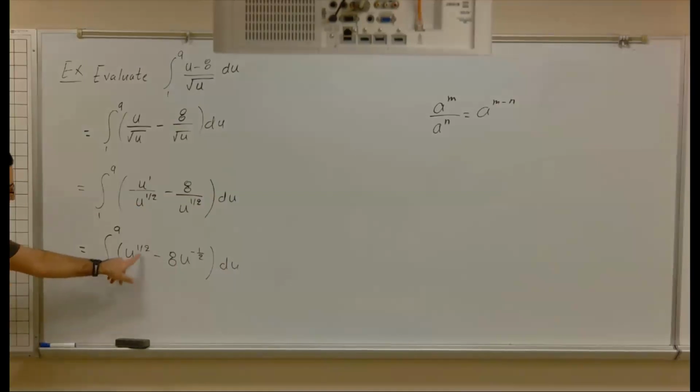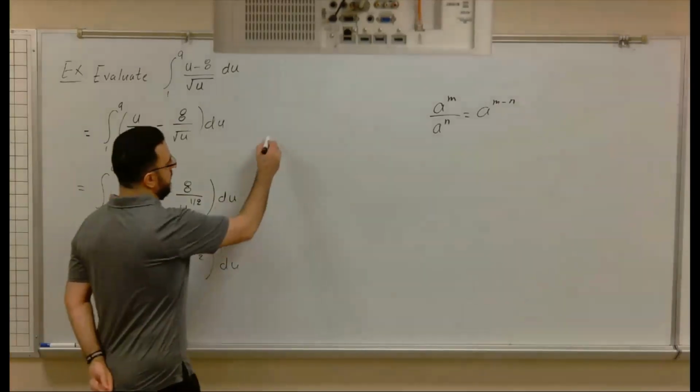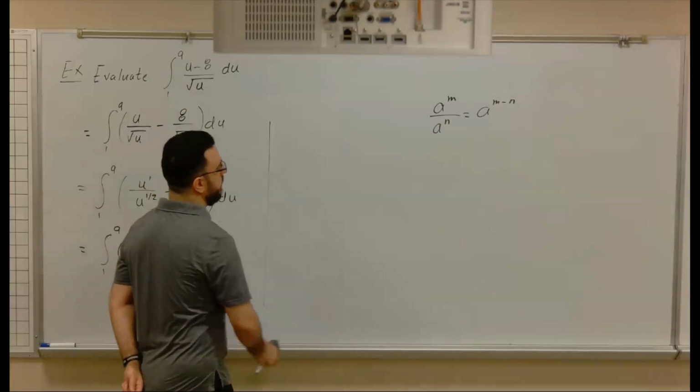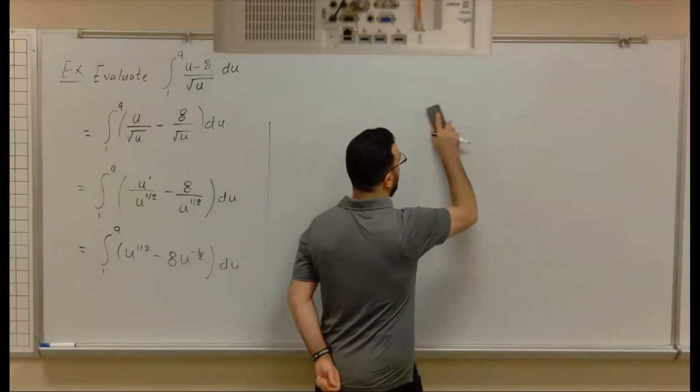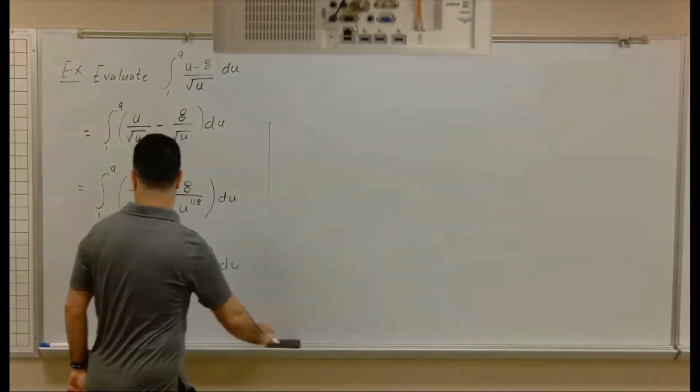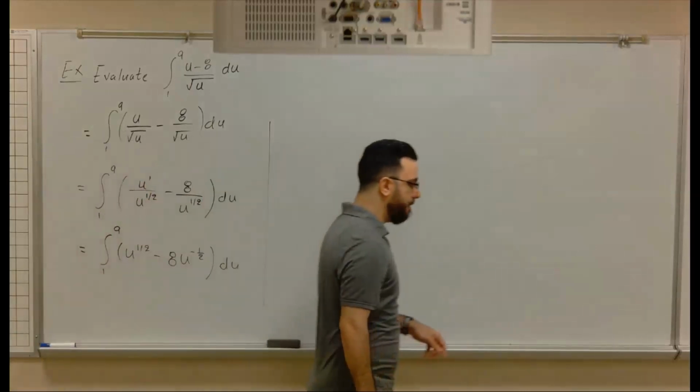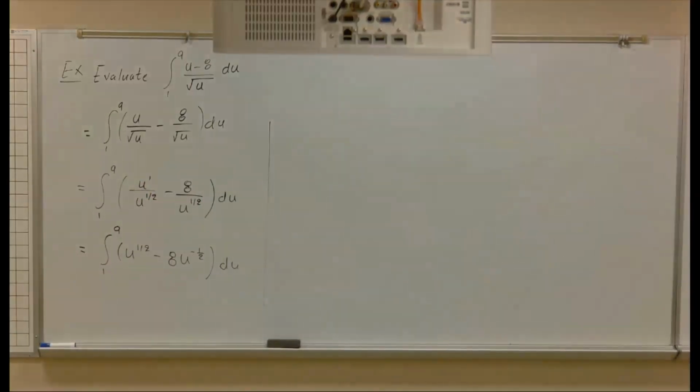So here you're going to add 1. That means u to the half plus 1 is going to be 3 over 2.